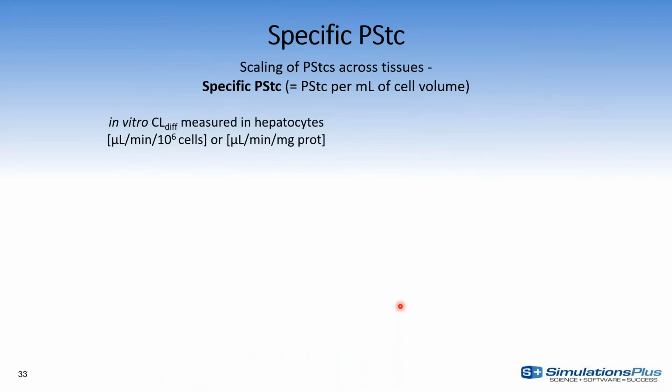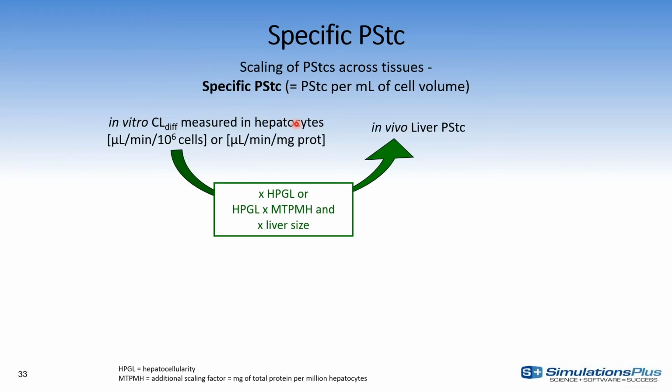Yeah, so this is how we calculate the specific PStc value. You will have measurements for the in vitro diffusional clearance measured in the hepatocytes. Usually it's measured together with the Vmax and Km values from the transporter studies.